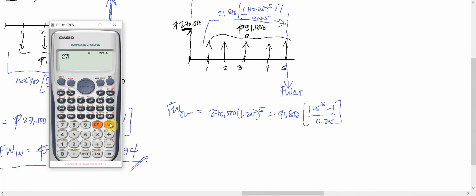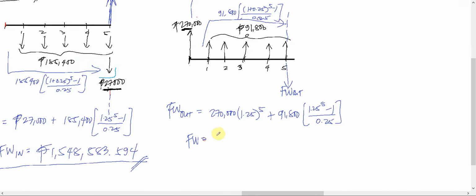So, that is 270,000 times 1.25 raised to 5 plus 91,800 times 1.25 raised to 5 minus 1 all over 0.25. Okay? So, ang future worth ni cash outflow is 1,577,380.078.